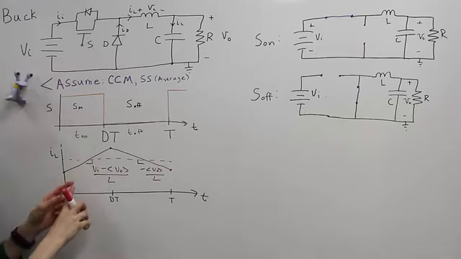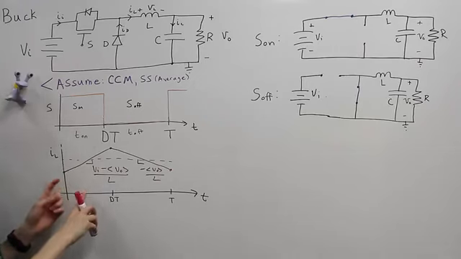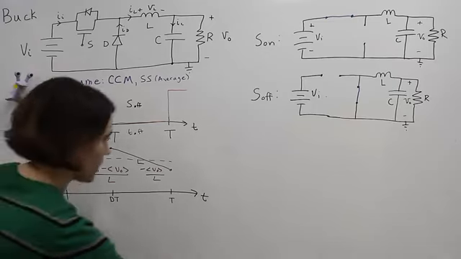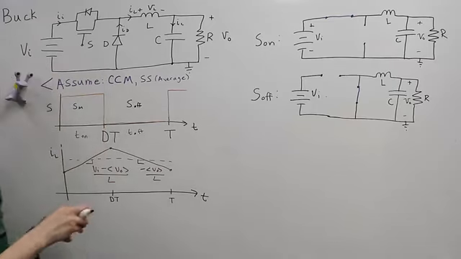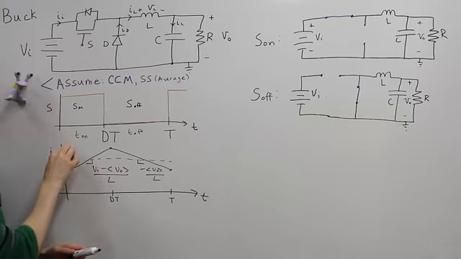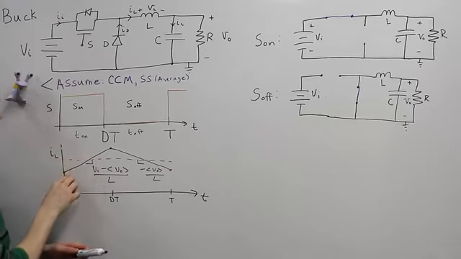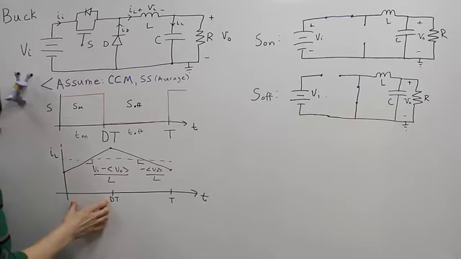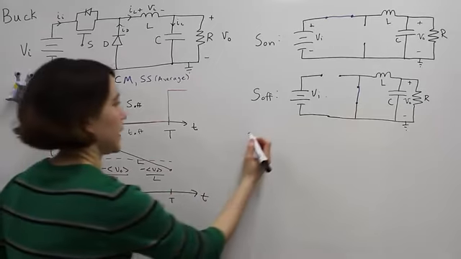So we're going to write the volt-second balance equation over here. During this period, if we want to calculate how much this inductor current has increased, we can look at this slope times this time period. So let's write that over here.